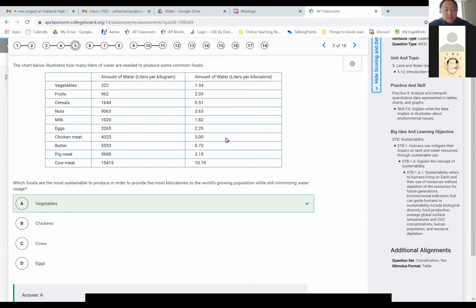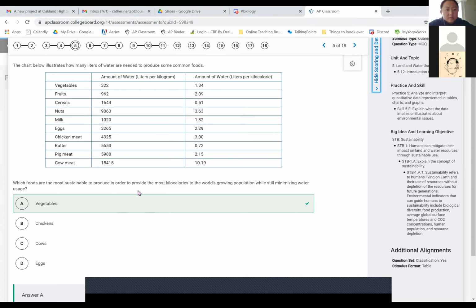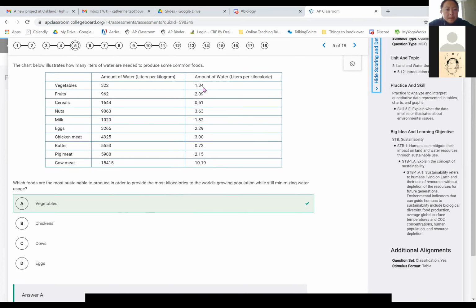Did I have to take into account the amount of water too? Because that's kind of the sustainable part. What do you mean take into account the water? The amount of water that each food product takes to produce that amount of kilocalories. Yeah, so this is the amount of water.